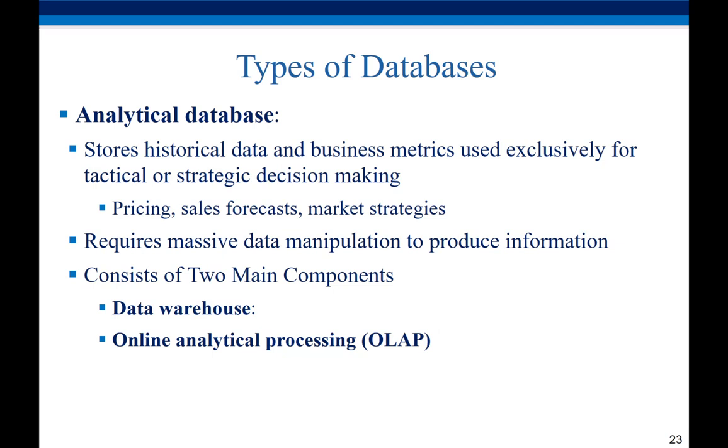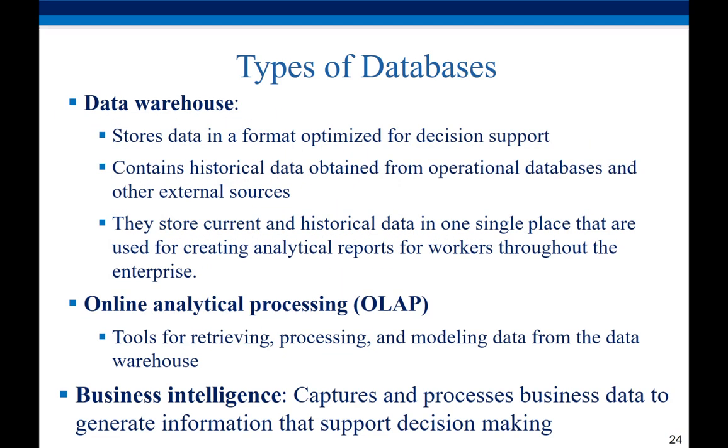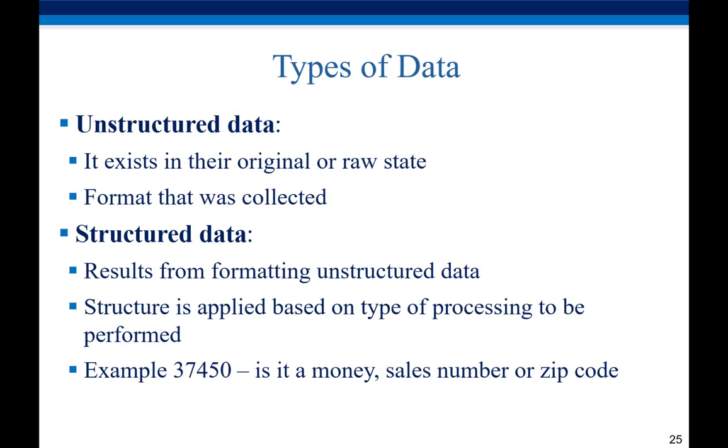A data warehouse really describes the information about the database. And I will give you an example in here. So basically, it's used to help you make decisions about what needs to be done. Unstructured data we talked about before. What is the number 3450? What does it mean? Structured means it's now formatted into something that can be useful.